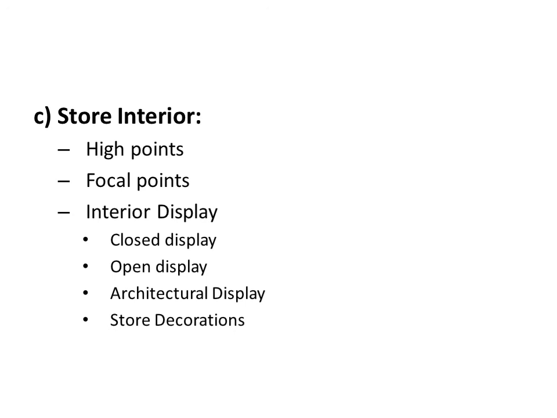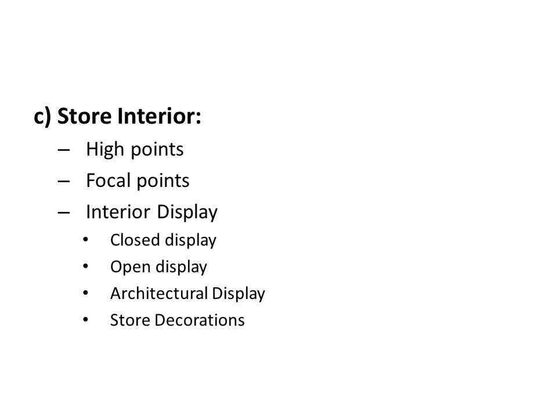And talking about the next, that is architectural display. Examples for this are an actual room setting and furniture, like a room which is decorated with the help of furniture and fixtures. And talking about the next type, that is store decorations.